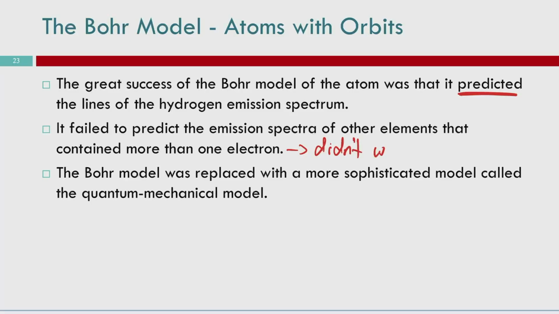It didn't work for the other elements. So even if you just move up to helium, just adding one more electron, it doesn't work. If you use helium but you take an electron off, then it works.